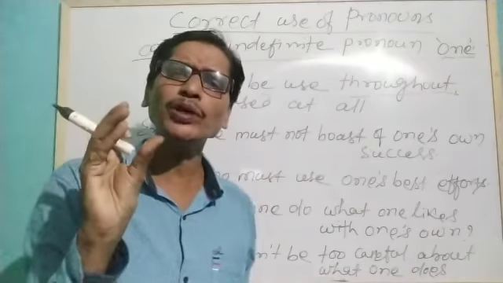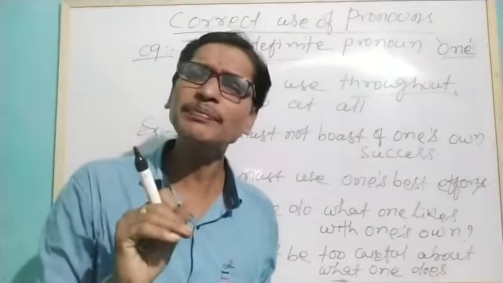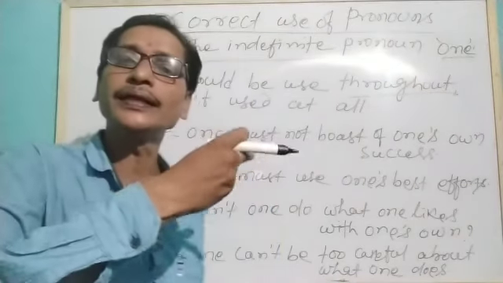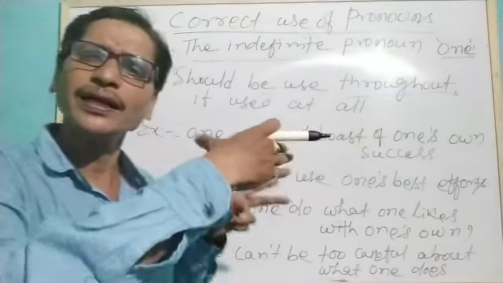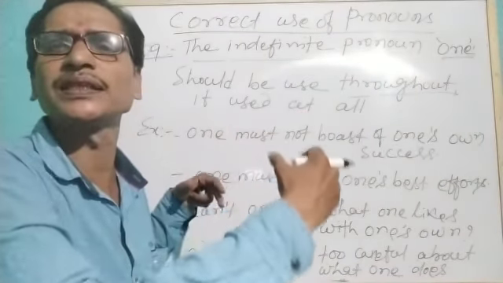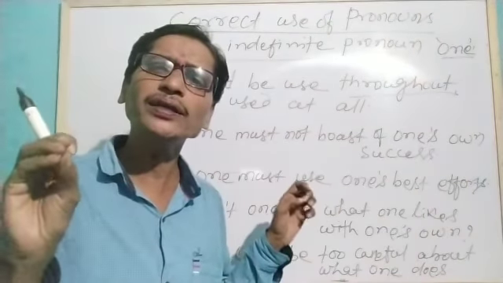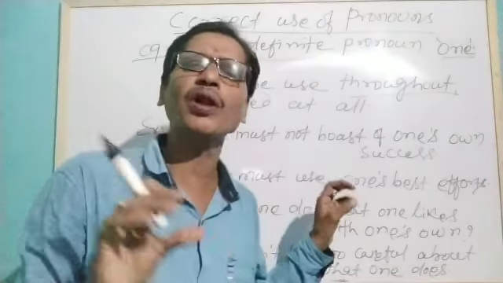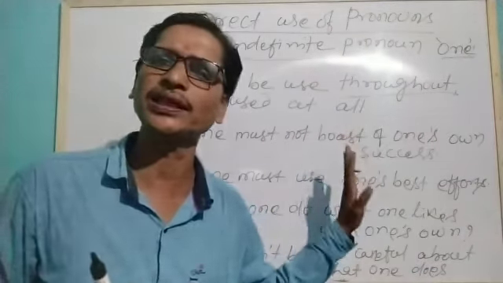The indefinite pronoun one should be used throughout. That means if we have used the indefinite pronoun one at the beginning of the statement, in the subject place or some other places, then we cannot use other pronouns. We can use only the same pronoun one in every place in our statement.